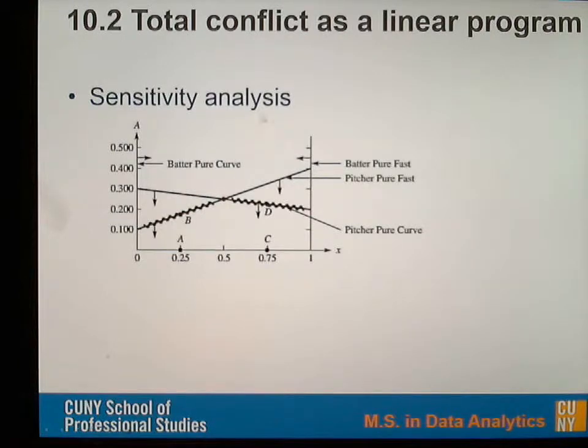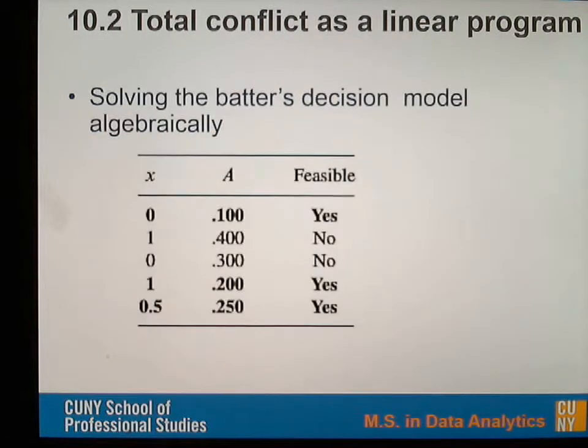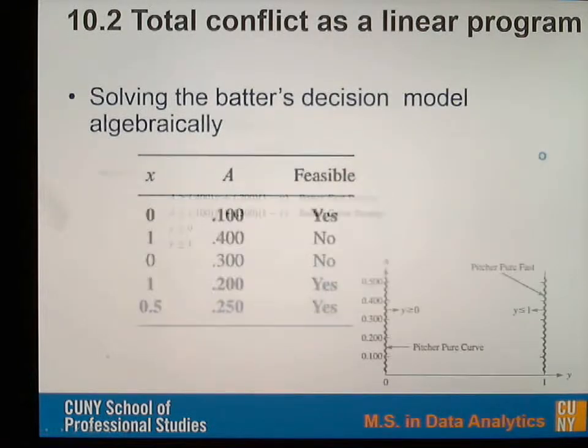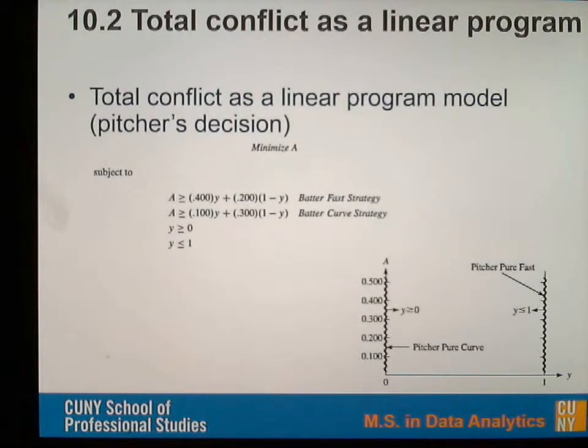In the sensitivity analysis, if we change the strategy, what's going to happen? Yes, this is an algebra solution for the same problem. And from the pitcher's perspective, what's the best strategy?